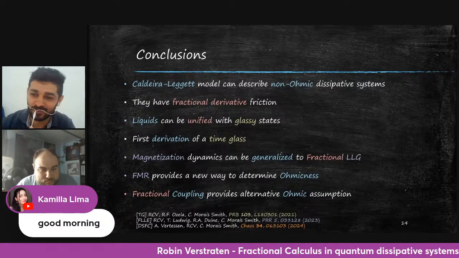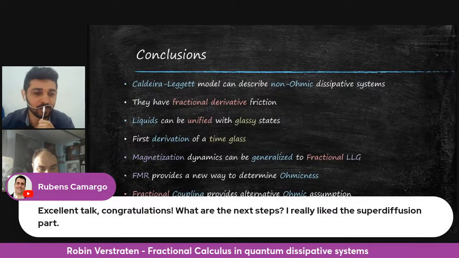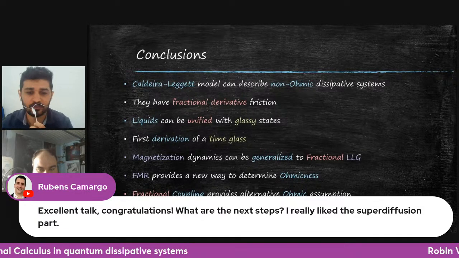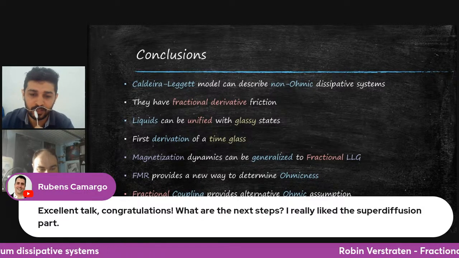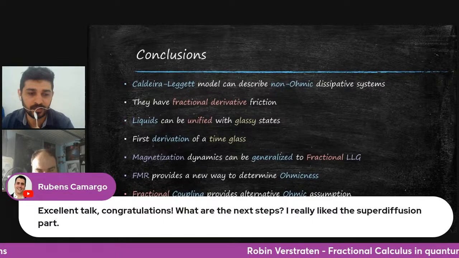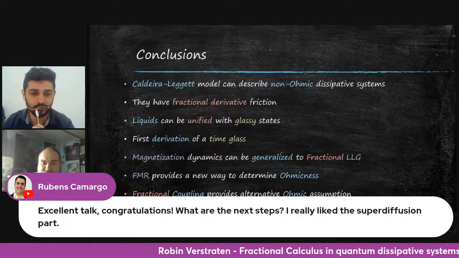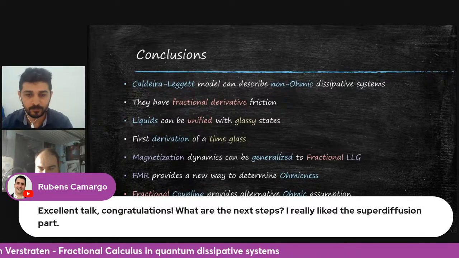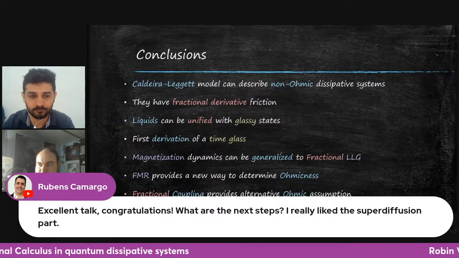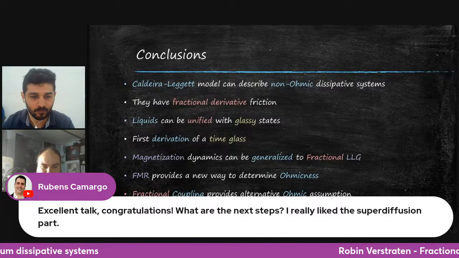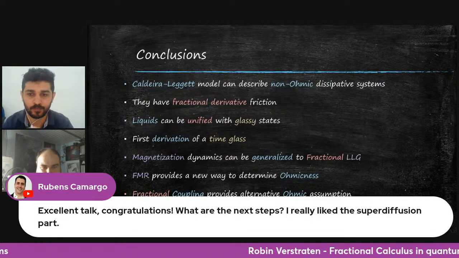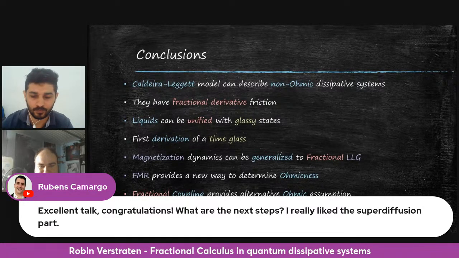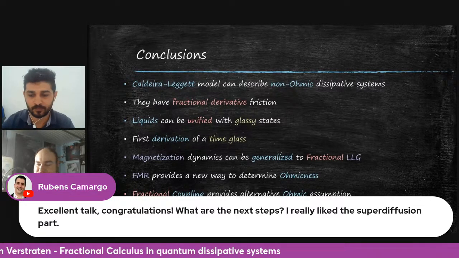The first question is from Rubens Kamal. Excellent talk, congratulations. What are the next steps? I'm already linking the superdiffusion part. Thank you. For next steps, we've tried several things, also to apply fractional derivatives to fractals. Of course, that's very much what Christiane has been interested in also.